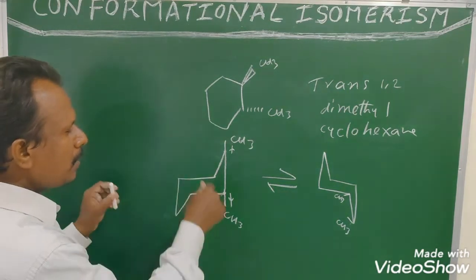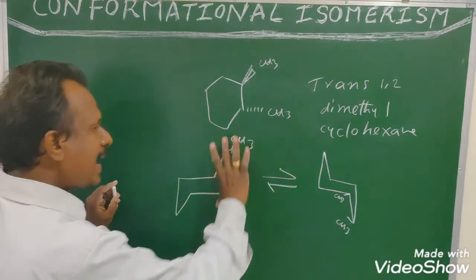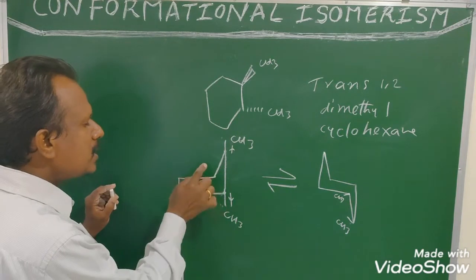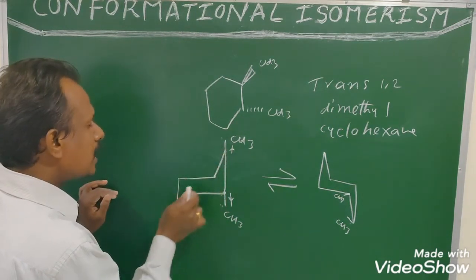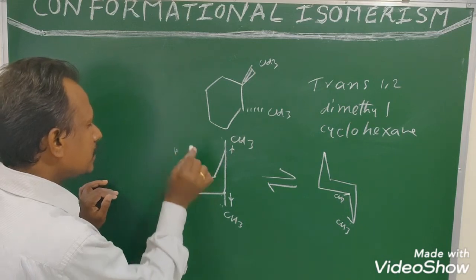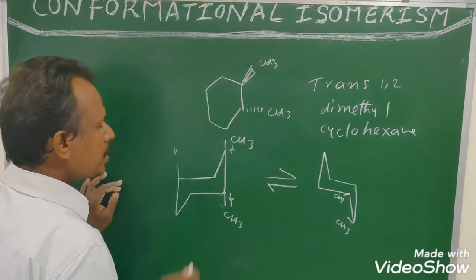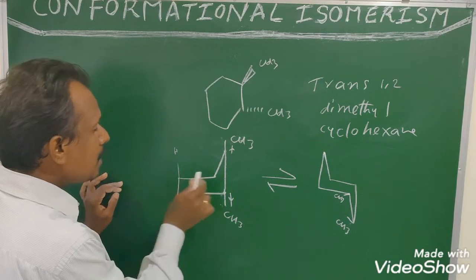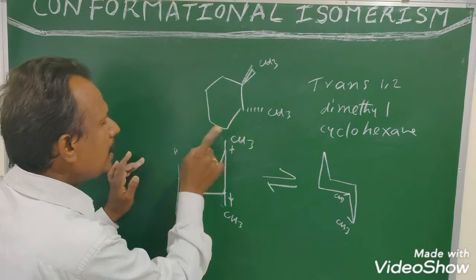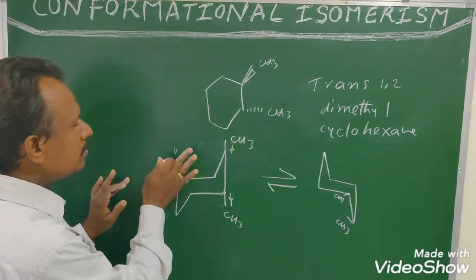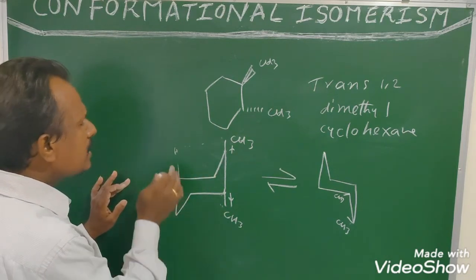In this chair conformation, both methyls are in axial position, so it is least stable. Why? Due to interactions with axial H atoms. The substituent is in axial position, and the axial H atoms of the remaining carbons repel the substituent, leading to instability.